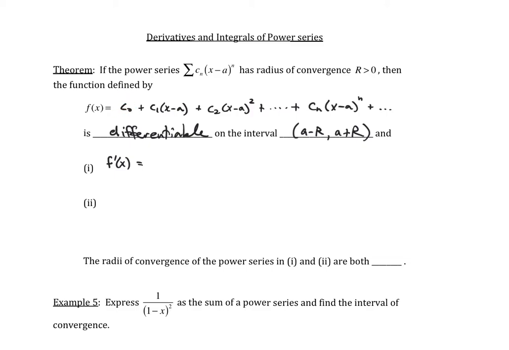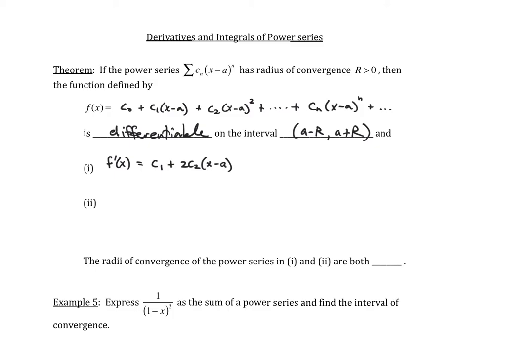And then when you differentiate the second term, you're just going to get the constant c1 surviving. And then when you differentiate the third term, you get 2 c2 (x minus a) to the first power.